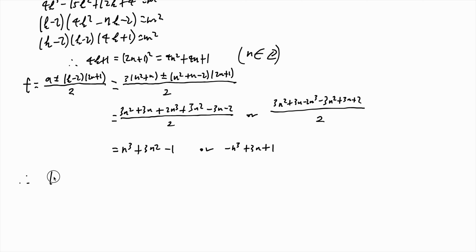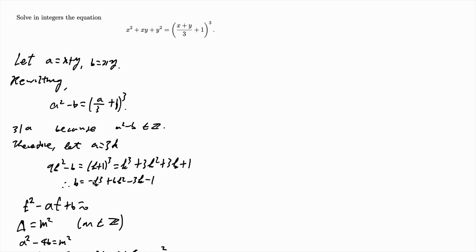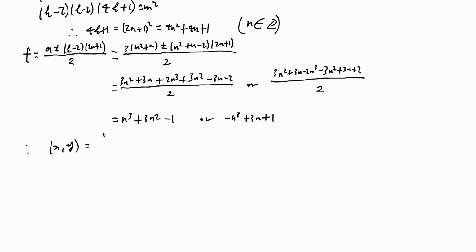Therefore, the pair x comma y is equal to... So this could be x, this could be y.